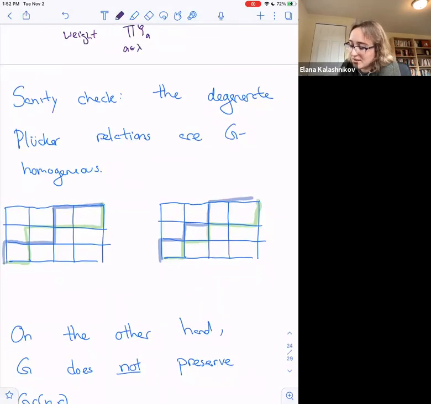If we look at, say, this incomparable pair here, and then we look at the next term in the equation that gives you the degenerate Plücker relations, G acts on this by taking a product over all the z^A's, where A is in the union of these two paths. But the union of these two paths is exactly the same as the union of these two paths, so it acts on each term with the same weight. So these equations are all homogeneous.